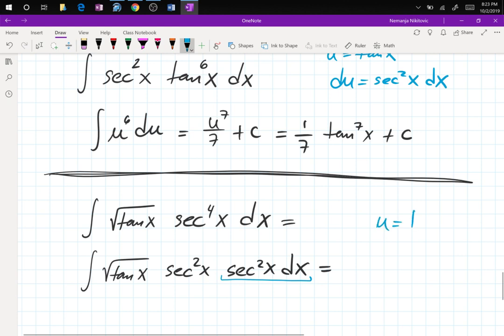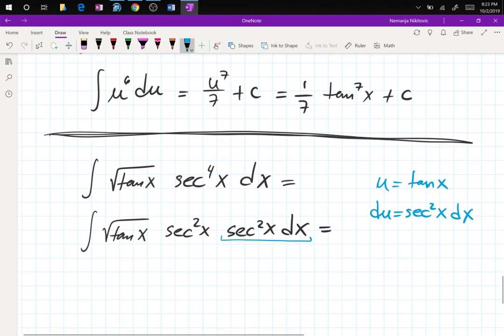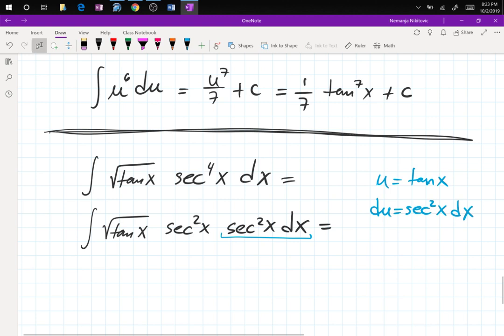So if u is tangent x, then my du is secant squared x dx. But I still can't do this because this is a square root of u. I still have this one, so I have to transfer that one into tangents first. Secant squared is 1 plus tangent squared x, and then I have to multiply that by the square root.